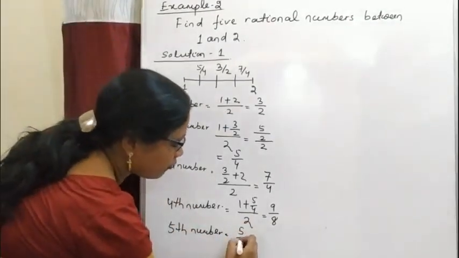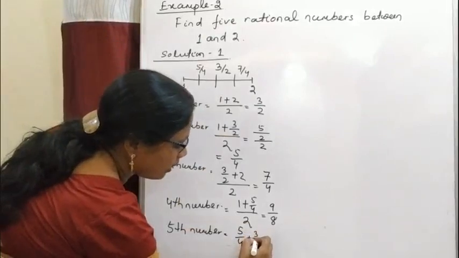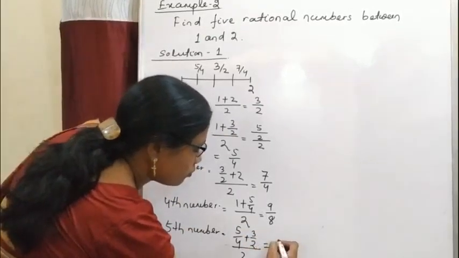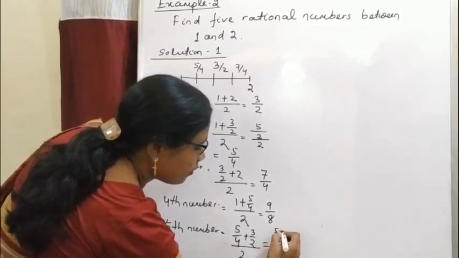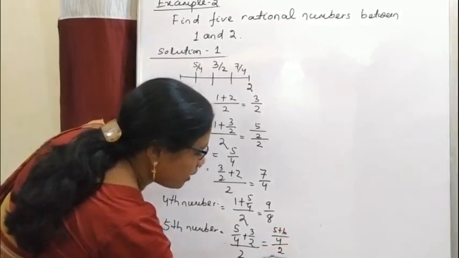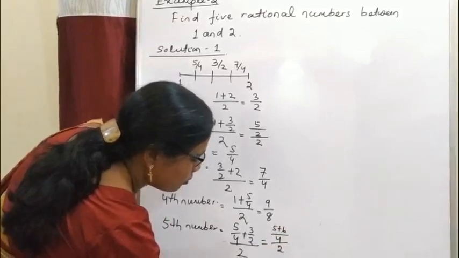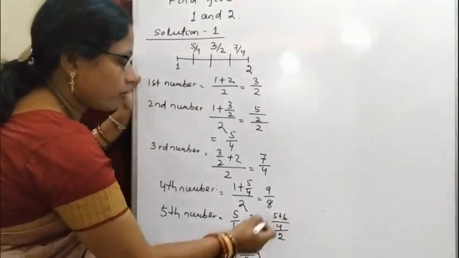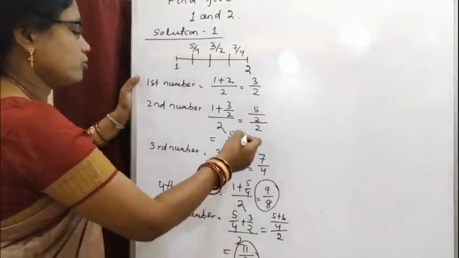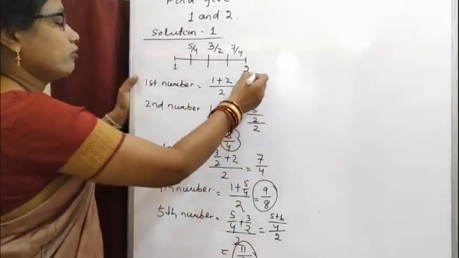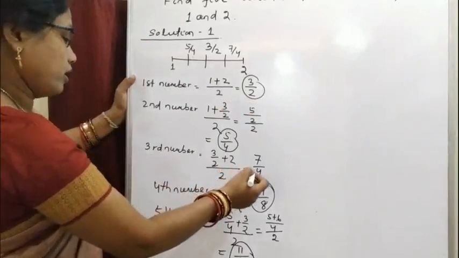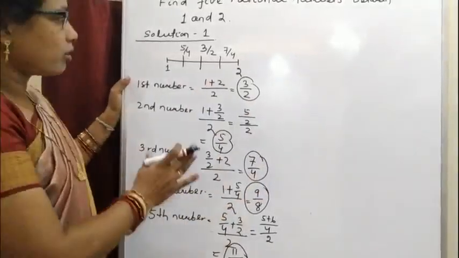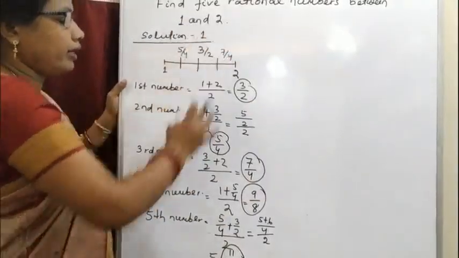So 5 by 4 plus 3 by 2 divided by 2. So this is equal to 5 plus 6 by 4, divided by 2. So that is equal to 11 by 8. So these are the 5 numbers: 1, 2, 3, 4 and this is 5. So these are the 5 rational numbers in between 1 and 2.